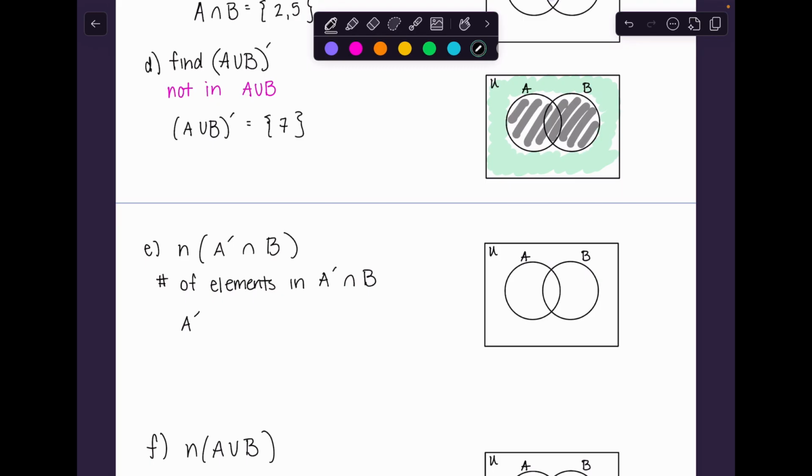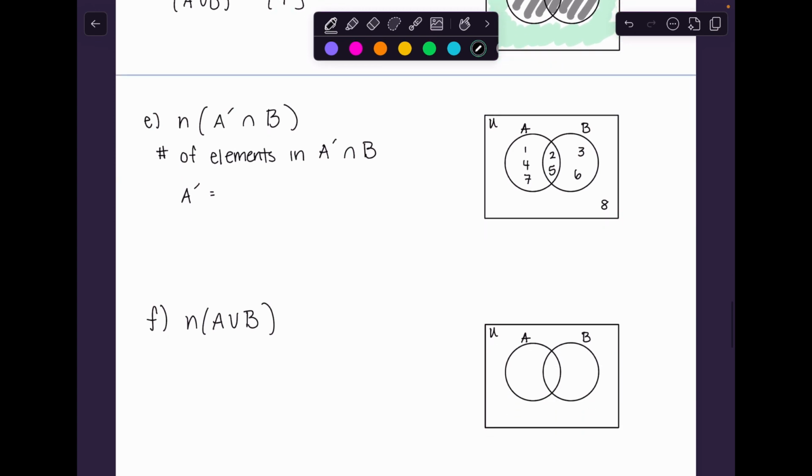Okay. And so here I'll actually go ahead and rewrite those numbers because I think that's going to be more helpful than scrolling back up. So 1, 4, 7, 2, 5, 3, 6, and 8. Okay. And I'll rewrite those here. Because I don't want to scroll up and make this very confusing.